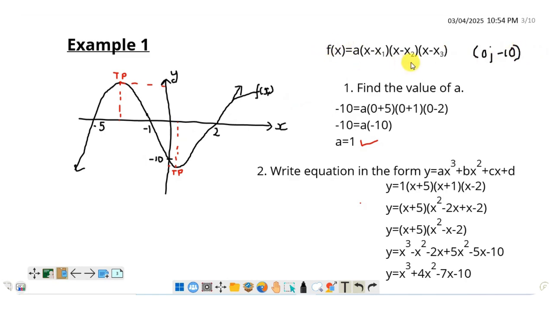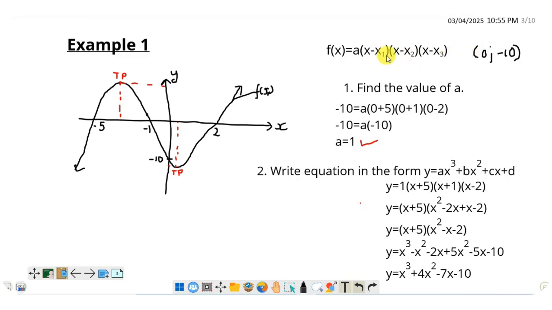So I use the first equation, equation 1, to find the value of a. I substitute the y-intercept coordinate. The y value is -10 equals a times (x minus x1)... where x becomes 0.